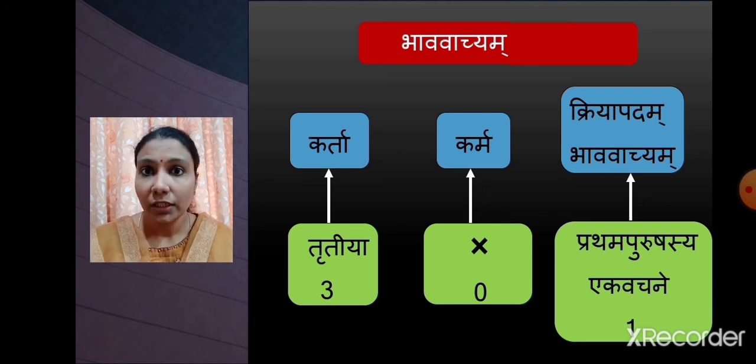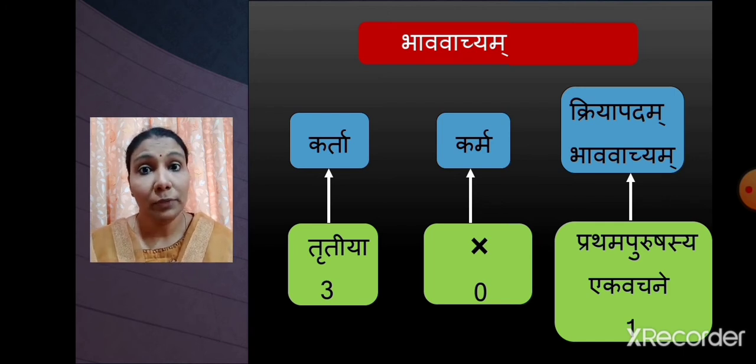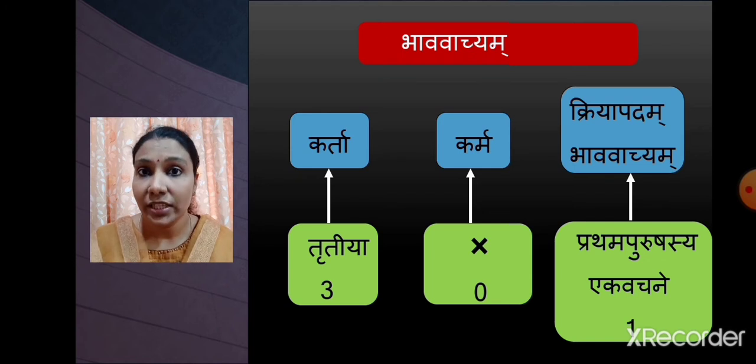I'll repeat. In Bhavavacham, Karta is used in Tritiya Vibhaktihi. Karma doesn't exist in the sentence, and Bhavavachya form of Kriya is used, and it is always in Pratham Purushaha Ekavachanam. 3-0-1 is the formula for the sentences which are examples of Bhavavacham.